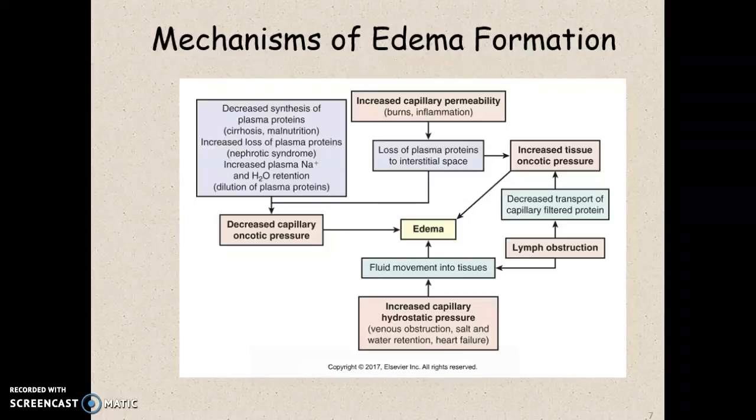This figure shows the mechanisms of edema and how that forms. It's figure 5.2. The point of this figure is to show the development of edema, which is in the middle of the figure in the yellow box. I can't tell that it's yellow, but that's the color in the textbook. So edema is the accumulation of fluid within the interstitial space, so in the tissue. So how does it develop?